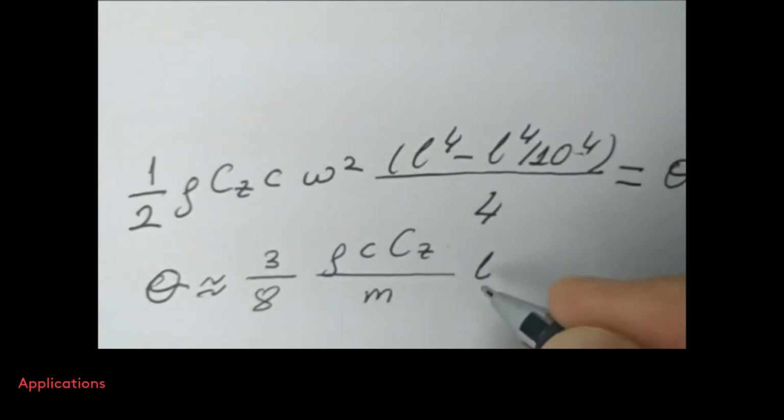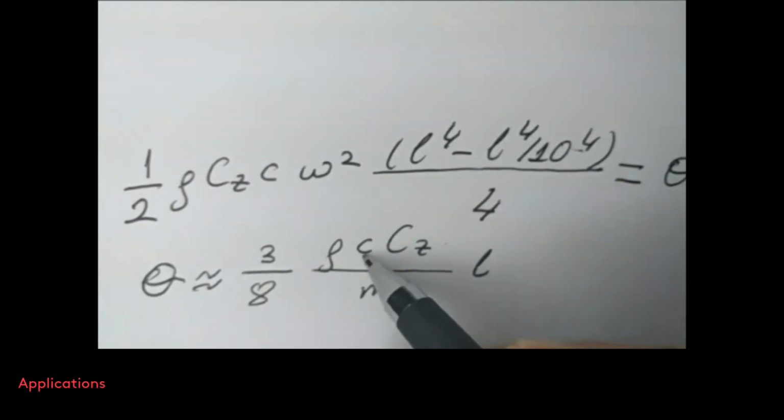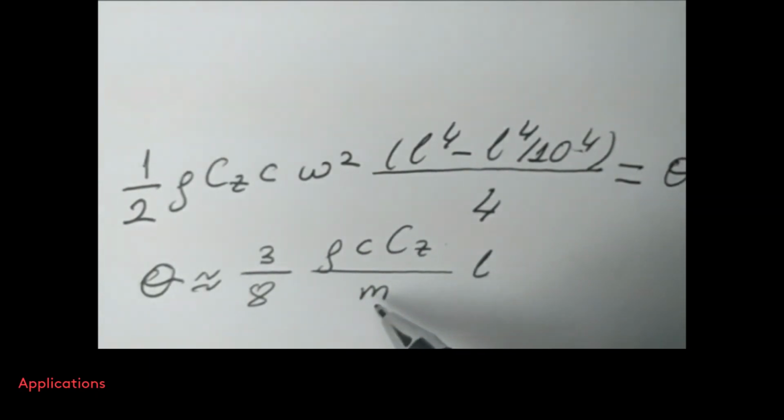If you put the values, rho is 1.3, c is 30 centimeters, so it's 0.3, Cz is 0.35, m is the mass per unit length, 3.5 kilogram per meter.